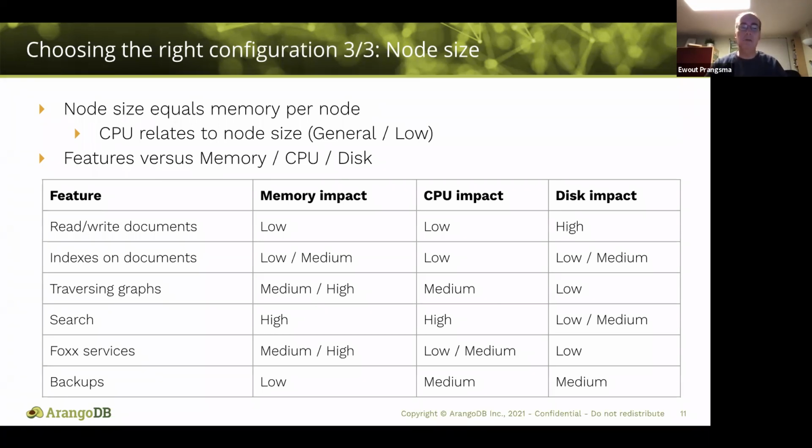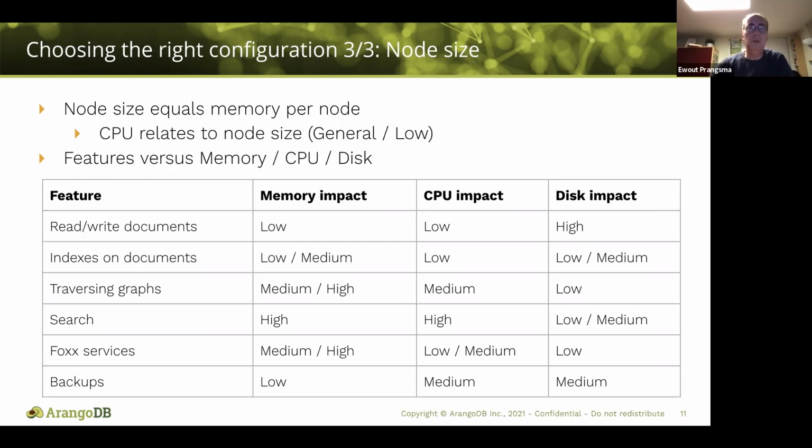In the graph case, though, we're talking about vertices and edges and so on. But in the end, there are documents. With a relatively small number of documents, you can still have very complex graph queries. You can do a lot of traversals very quickly, but it will take memory. And it will also take a certain amount of CPU, usually at very little disk space.